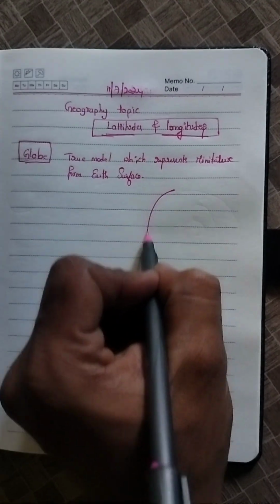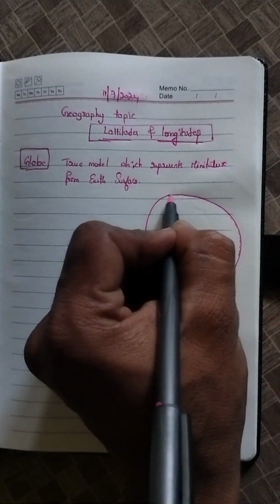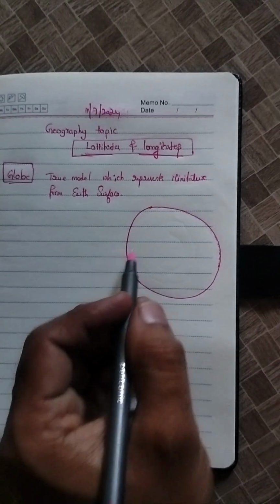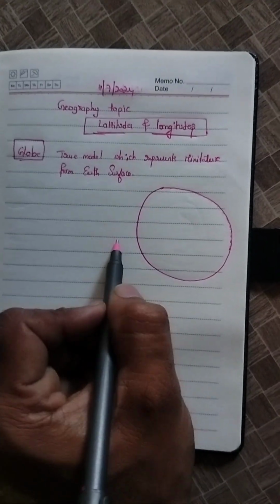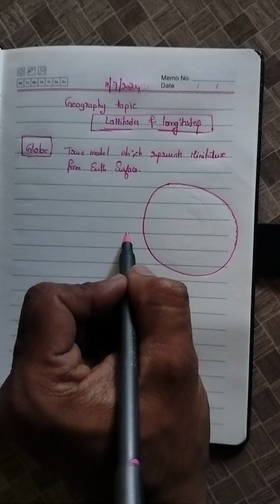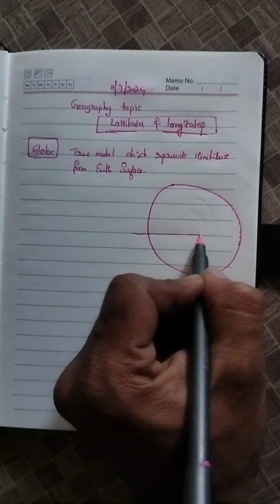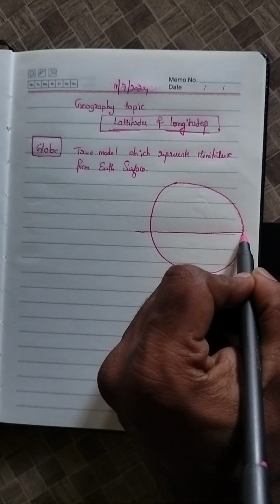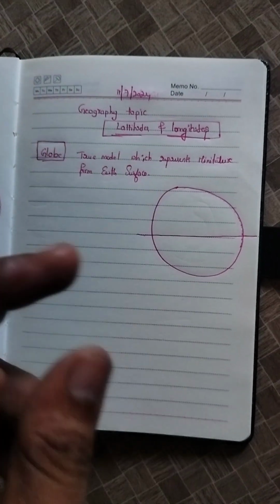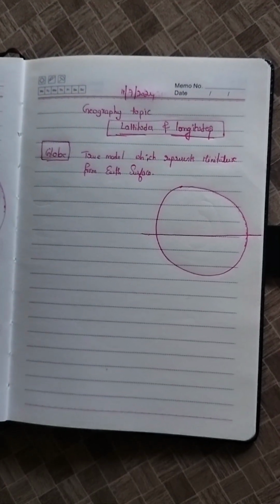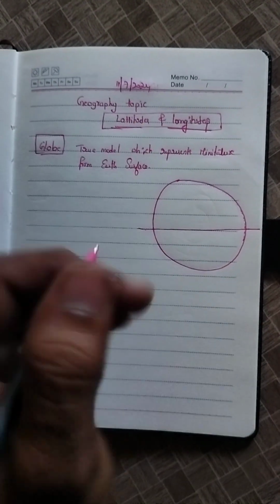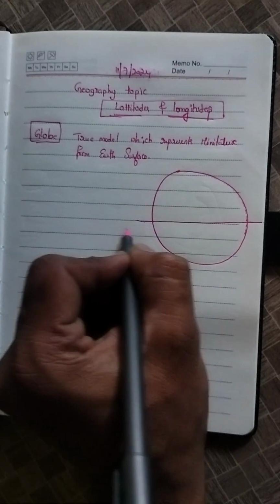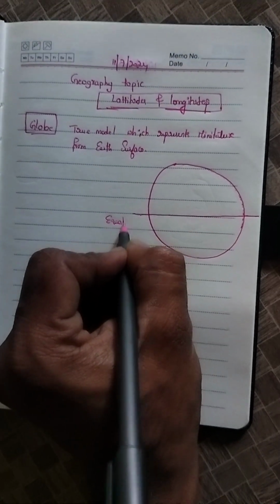This is the globe. This is the equator, an imaginary line on the globe which divides the Earth's surface into two halves. It is called equator.